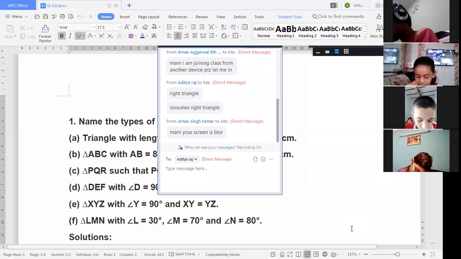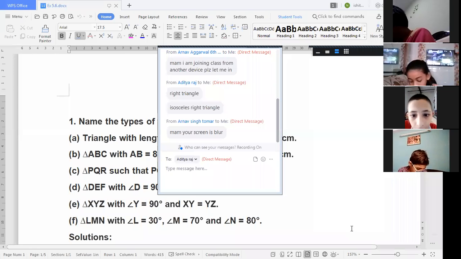No beta, you will not speak small m. You will say measure of angle L is equal to 30 degree. Yes. Measure of angle M is equal to 70 degree and measure of angle N is equal to 80 degrees.